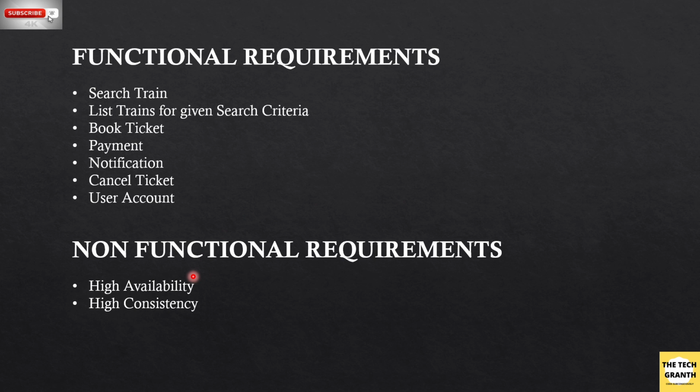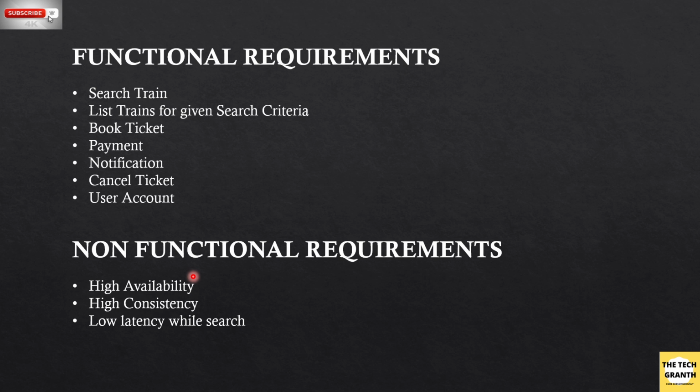So eventual consistency is not an option here, because when you are going to book a ticket, in that particular scenario there will be a race condition, and consistency will play a big role there. So the system should be highly consistent. You cannot give the same ticket to two different persons. That is why eventual consistency will not work in this particular scenario.